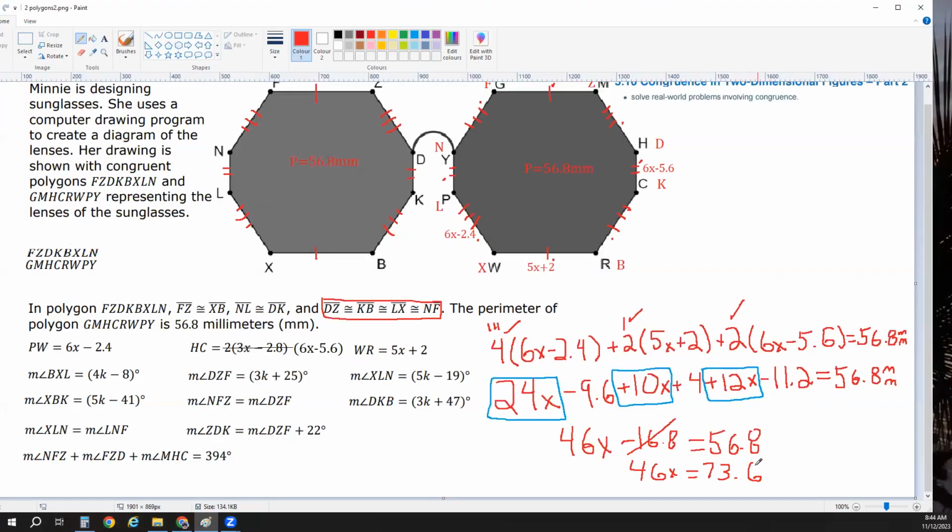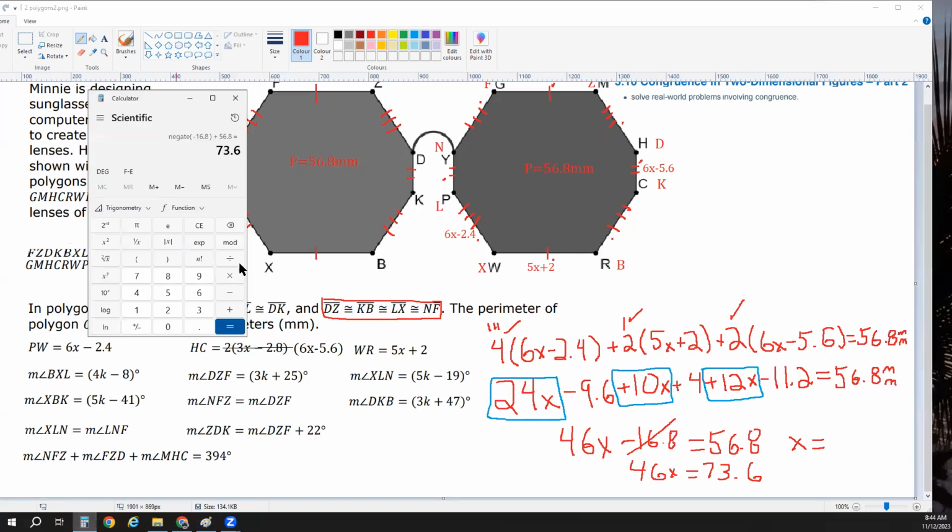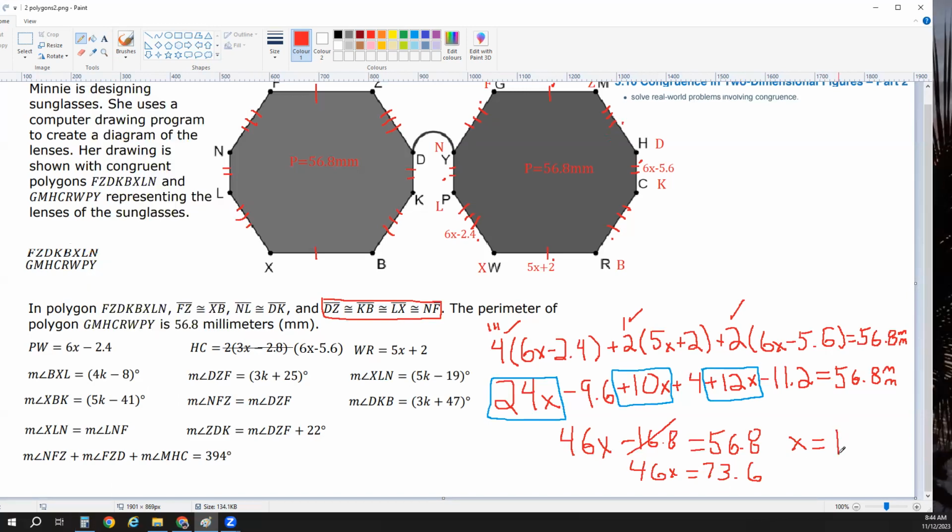And now I just got to divide that. X equals 73.6 divided by 46. That gives me 1.6. I'm going to pause the video to check to see if my algebra was right before I move on. And then I will move on.